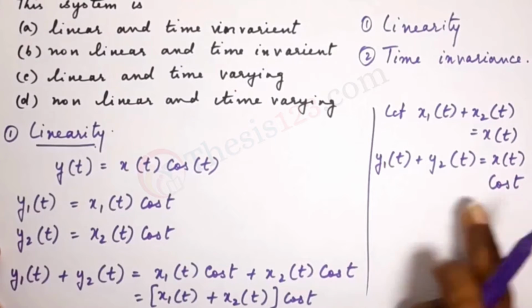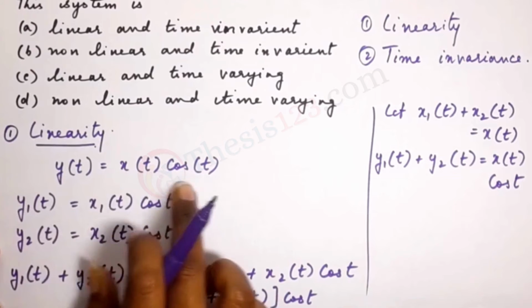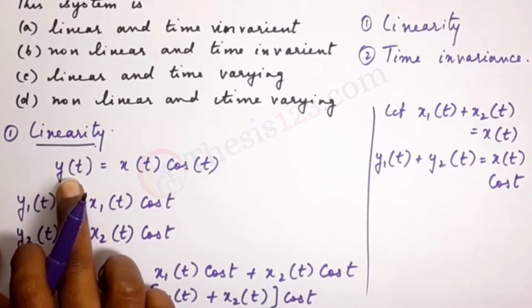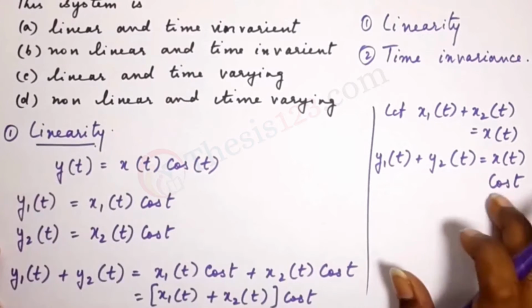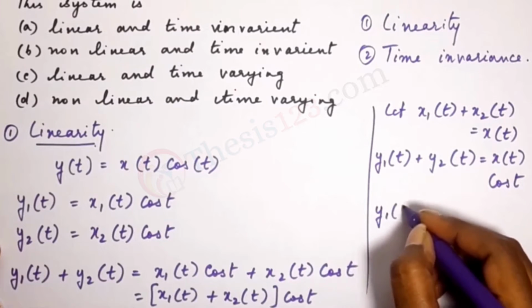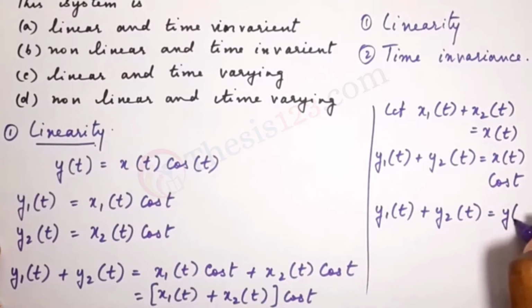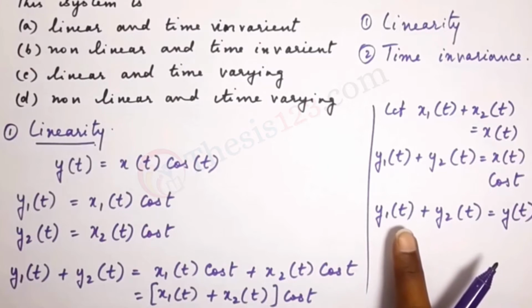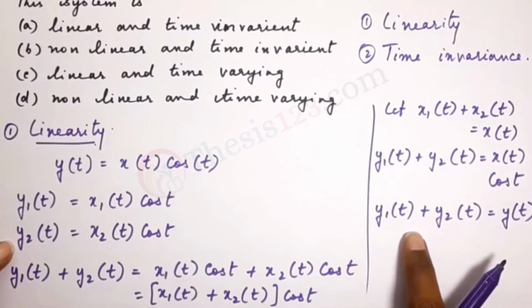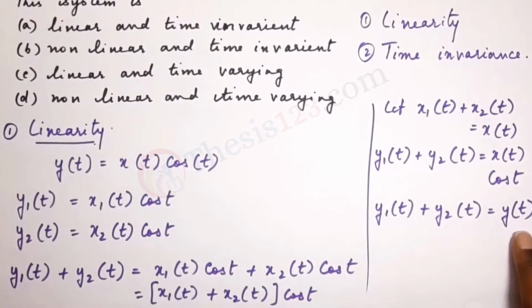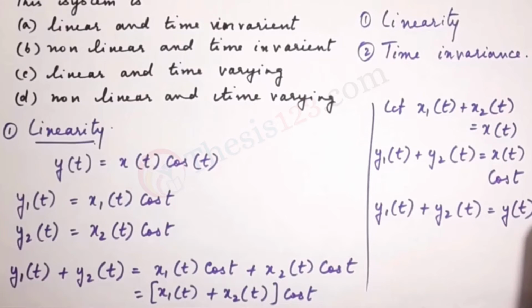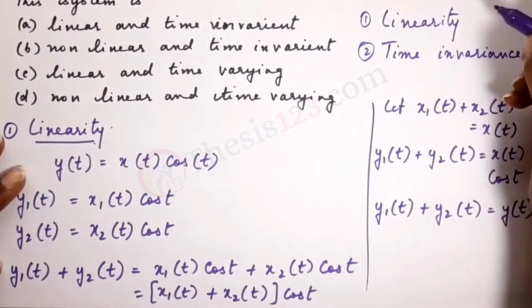But what is x of t times cos t? That is the very function given to us in the question, y of t. So we obtain y1 of t plus y2 of t is equal to y of t. So if we add two possibilities, y1 of t and y2 of t, we obtain the original y of t. This satisfies the additive property, and therefore the given system is linear.